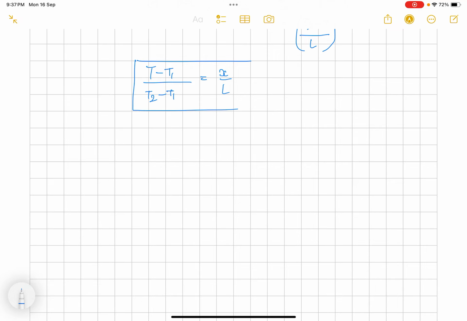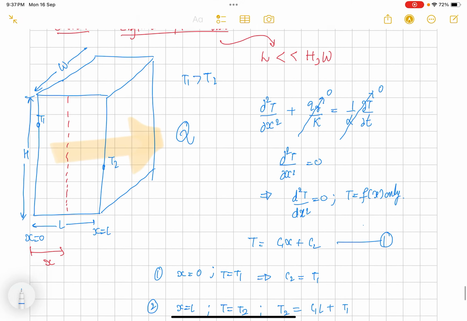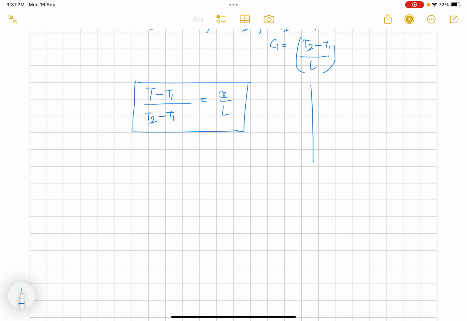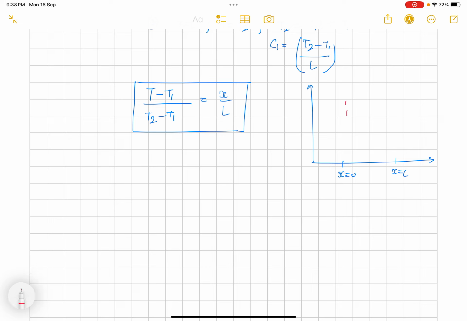We can see that the temperature distribution is linear inside the plane wall. So we can draw the temperature profile like this. At x equal to 0, temperature is T1. At x equal to L, temperature is T2, and we can draw a straight line between the two.